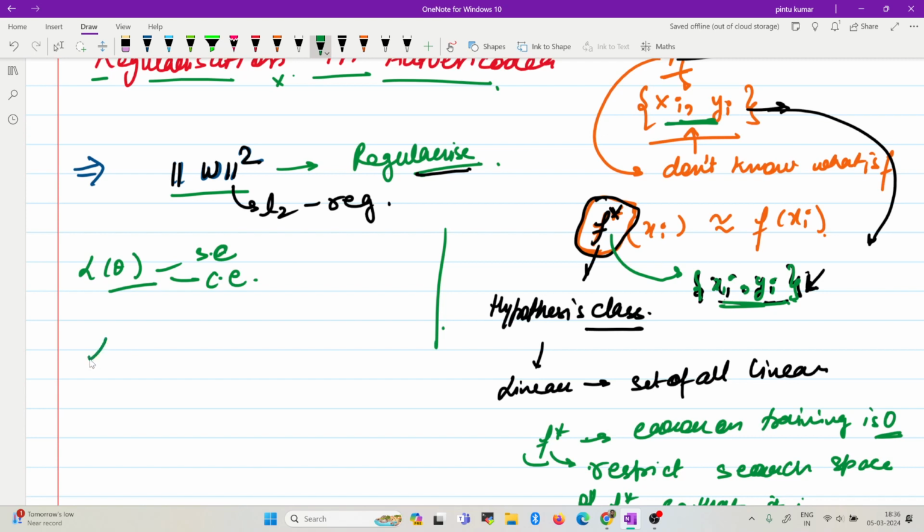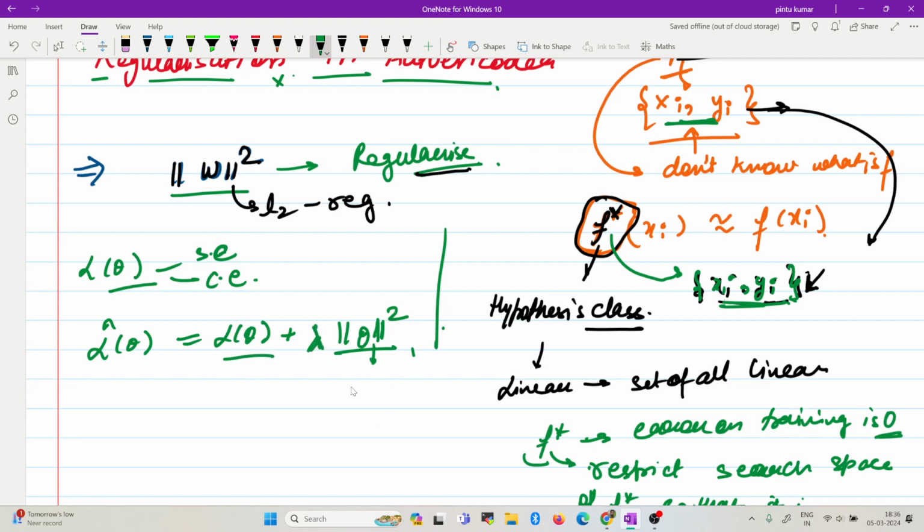Now you define a modified loss function L hat of theta, which is your original loss function plus some lambda times the norm square of theta. The thetas are all your parameters, so all the weights and biases together form your theta. You put them in a vector, take the norm of that vector, and add it to your loss function.